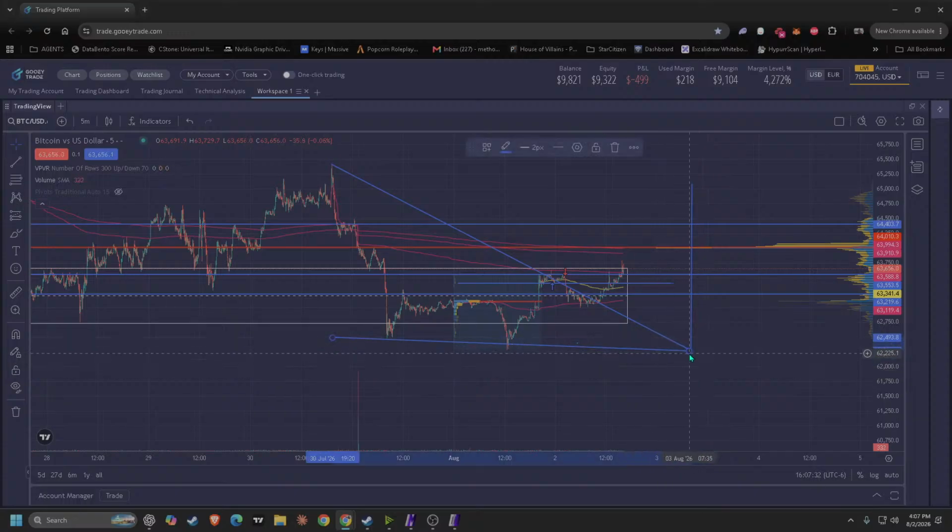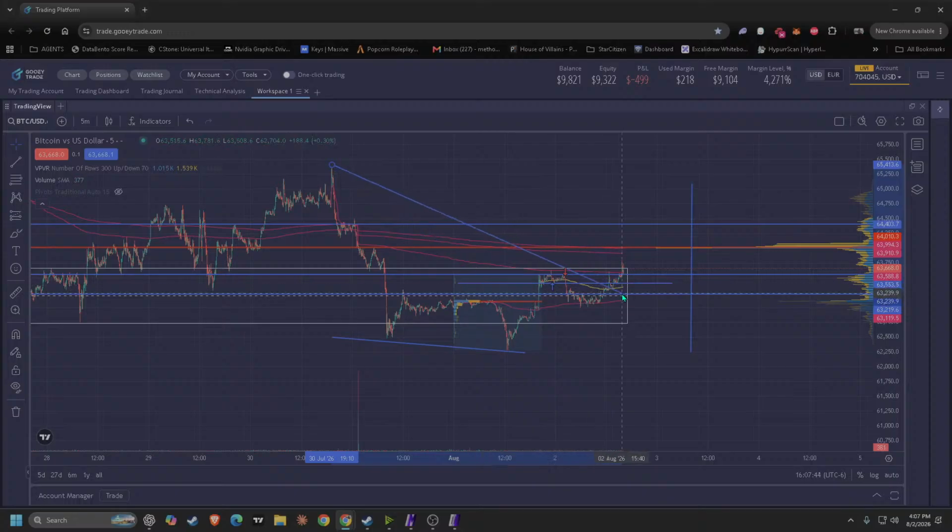These aren't touching, so this is really a wedge. It's not a triangle yet. This only went to the second touch right there. So there's your break through the wedge.